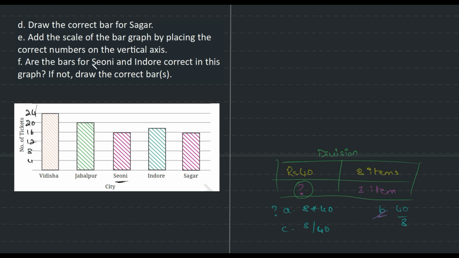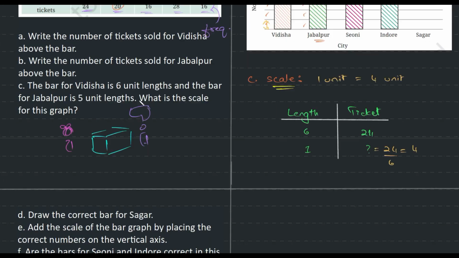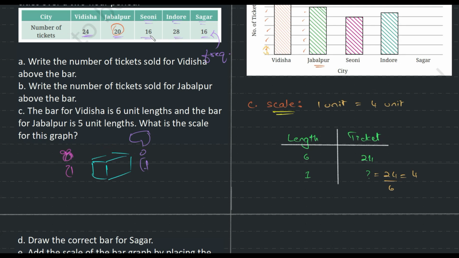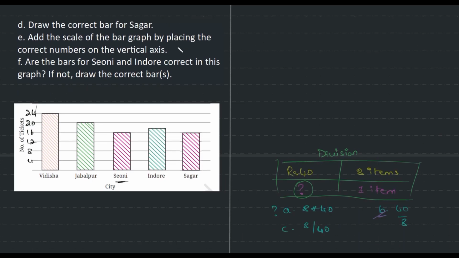Are the bars for Seoni and Indore correct in this graph? If not, draw the correct one. Oh, it's 16. Indore is 28. Indore is not here, it is one more unit up.